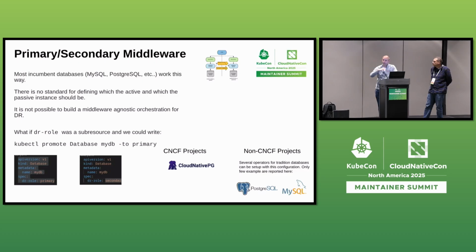The rest of the resource could be anything, but everybody in this space conforms to this sub-resource, and then you can write operators that can do disaster recovery for all kinds of databases. So if you want to contribute in this space, defining the sub-resource and then some sort of middleware-agnostic orchestrator would be a great contribution.